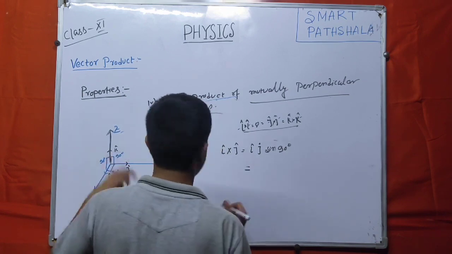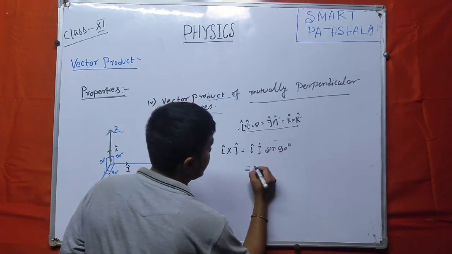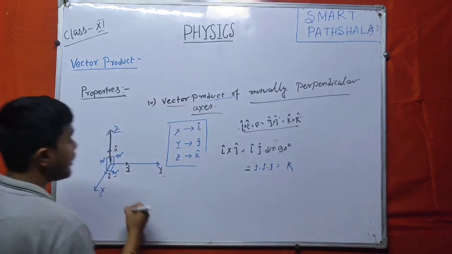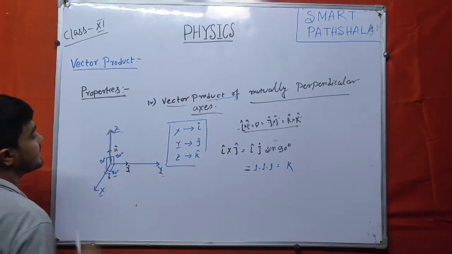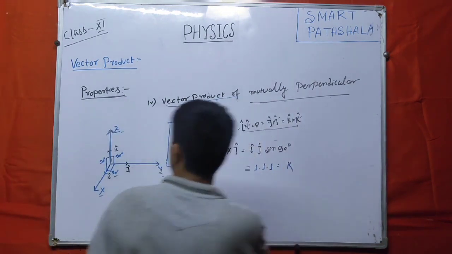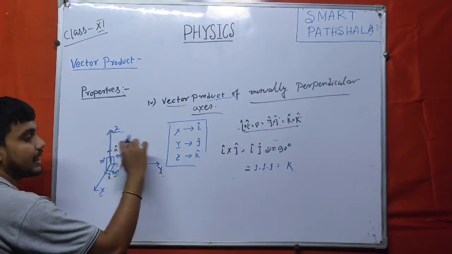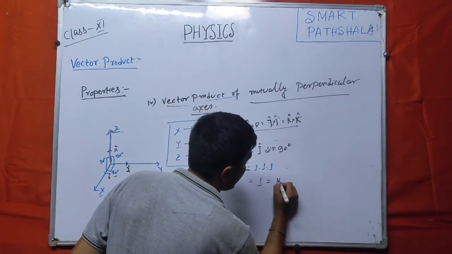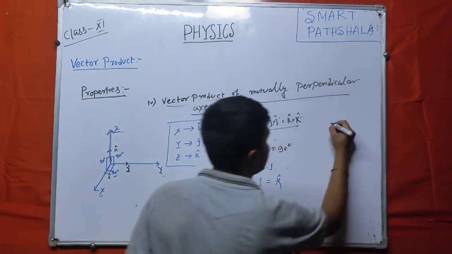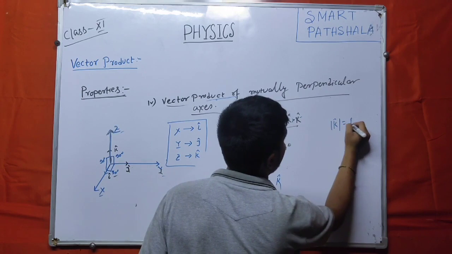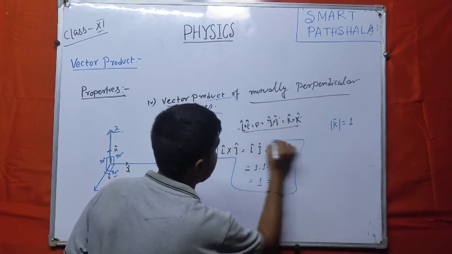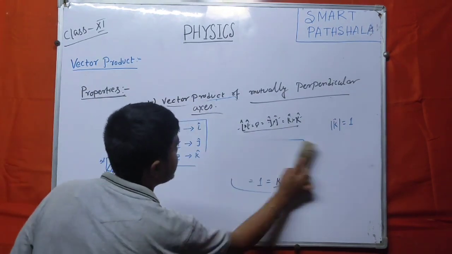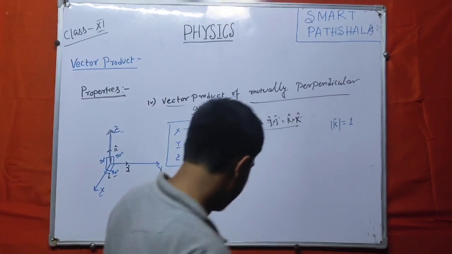We will discuss the direction later on. Let us find the magnitude of i cross j: 1 times 1 times sine 90 equals 1. The direction of i cross j is along the z-axis. The unit vector along the z-axis is k cap, and the magnitude of k cap is also 1. So i cross j is k cap.